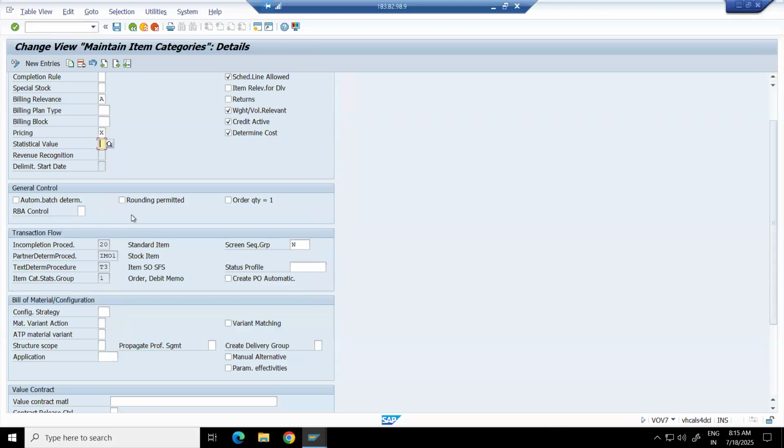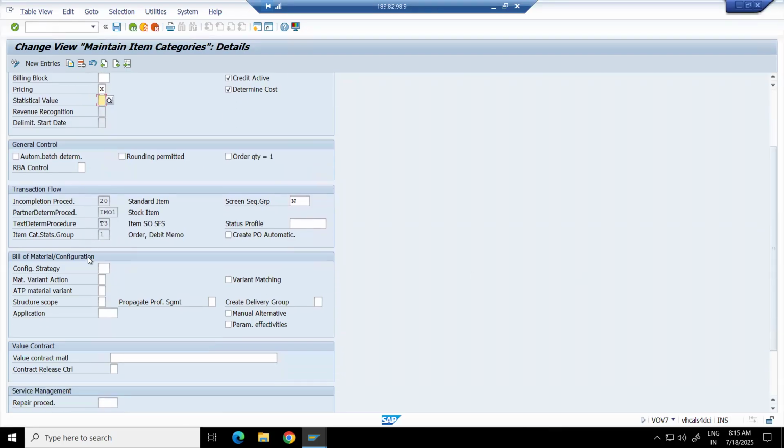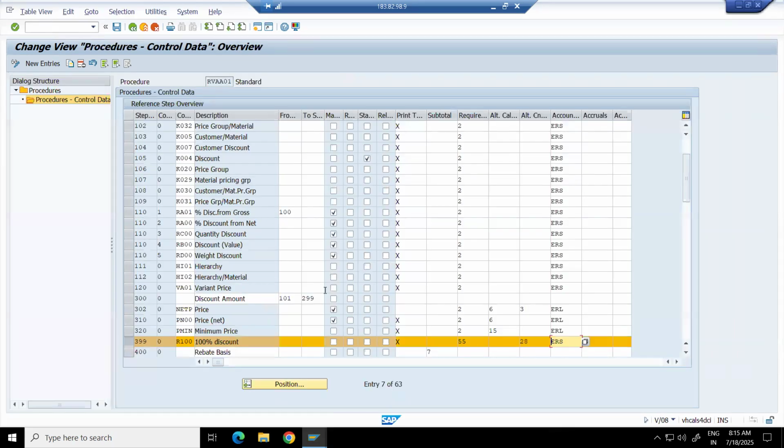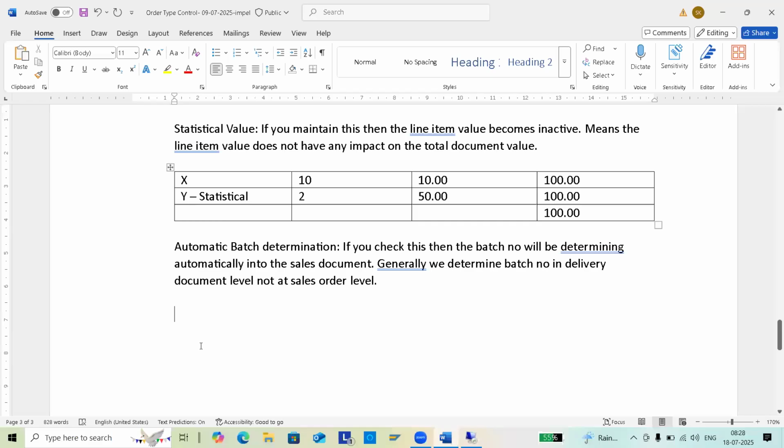Now what is next? Rounding permitted. This is not required, leave it. Order quantity one, that is okay. What is the major one? Create PO automatic. What is the use of this one?